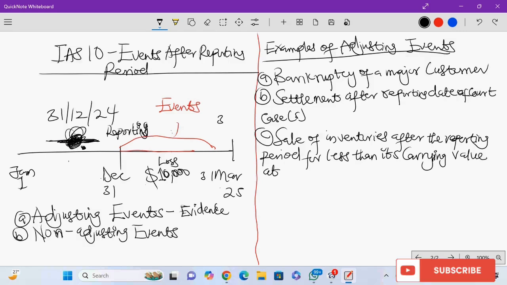Less than its carrying amount or value at the year end.